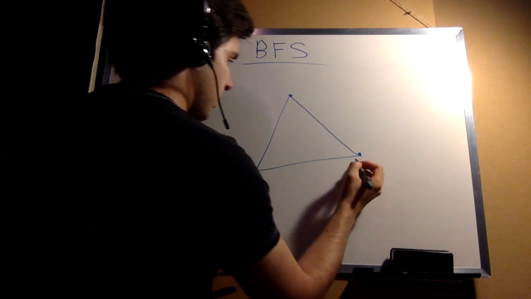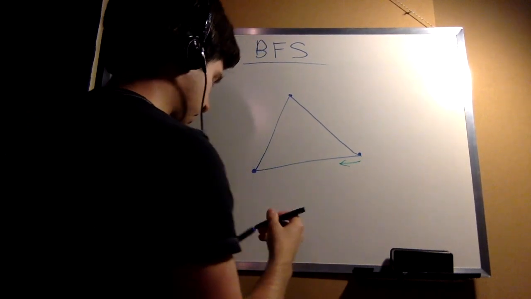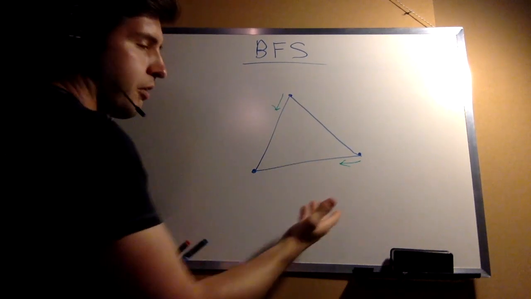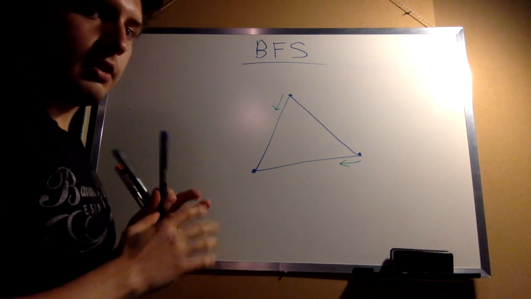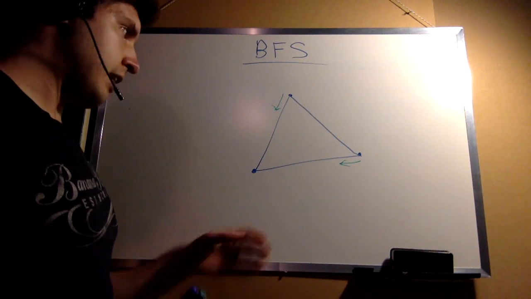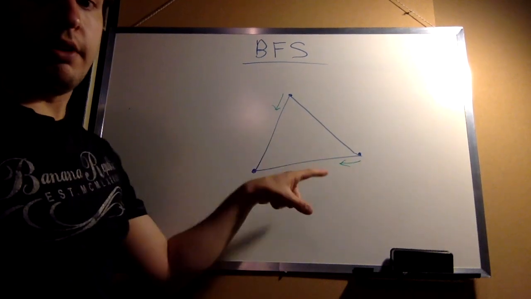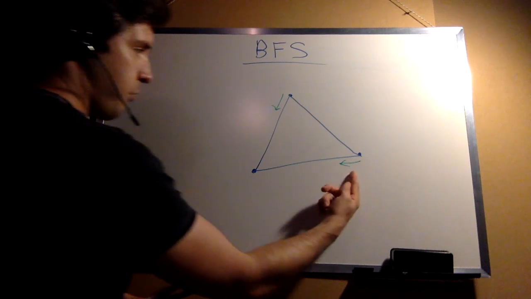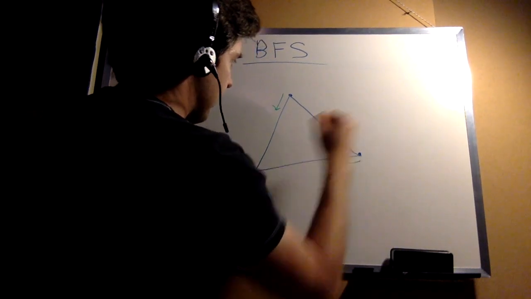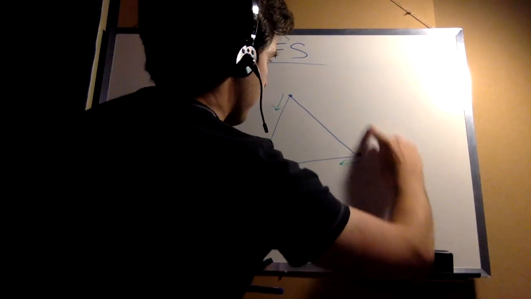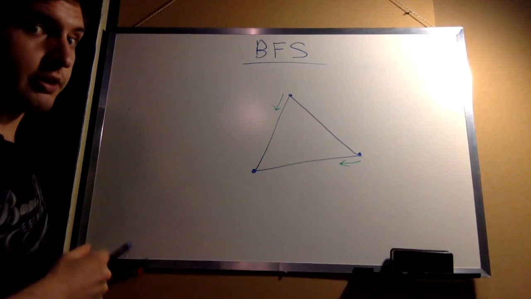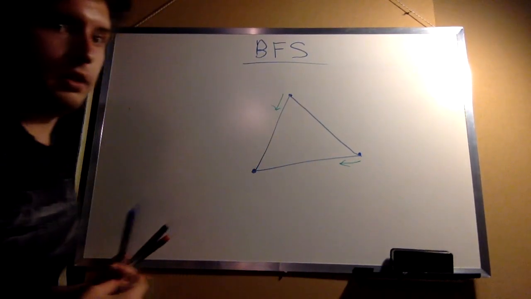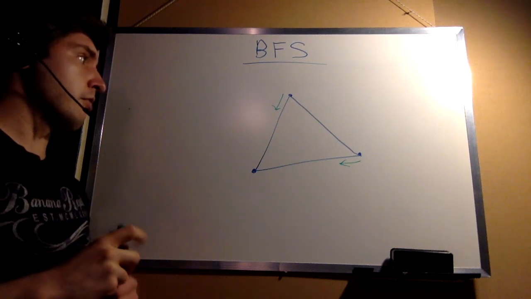We'll go out to here, and this will set a parent pointer back here. Then we'll explore out here, and this will set a parent pointer back out here. And then because BFS will explore in a breadth first way, given the name, we're going to hit this edge here last. Because we went to this vertex first, we're going to be exploring from this direction like that. So we'll go from this vertex to this vertex, and then we'll see we've already encountered a vertex. So, okay, well, this one's parent is the same as that one's parent. So, okay, maybe breadth first search will work.